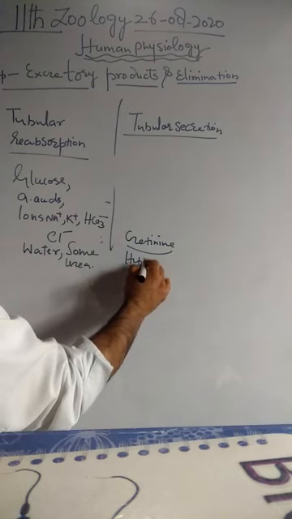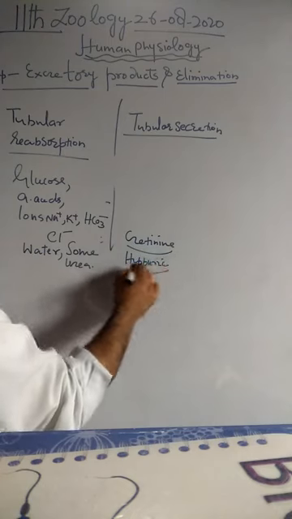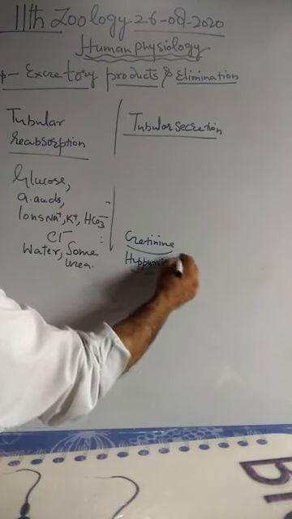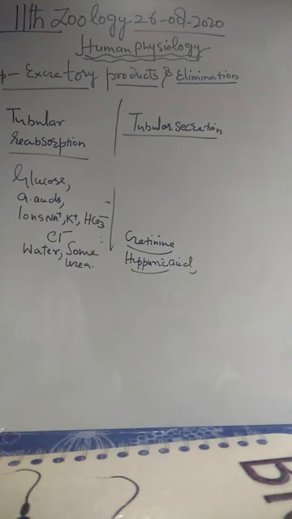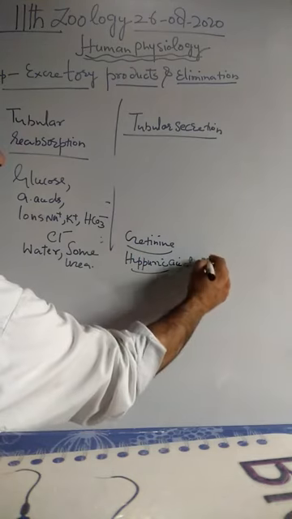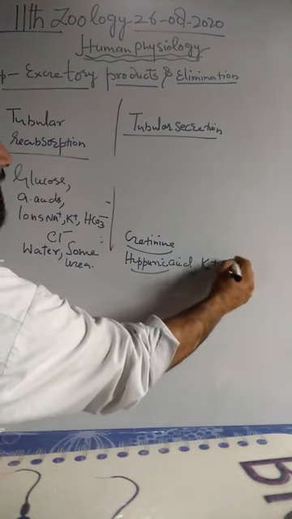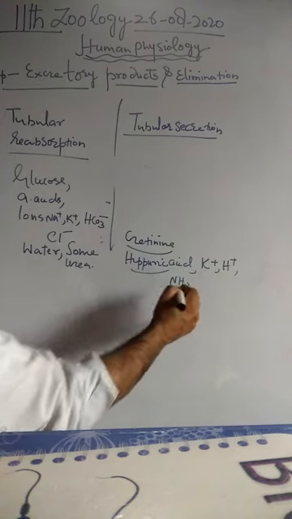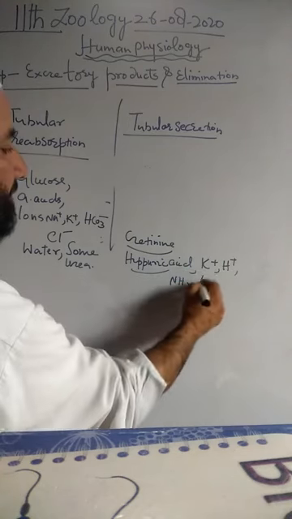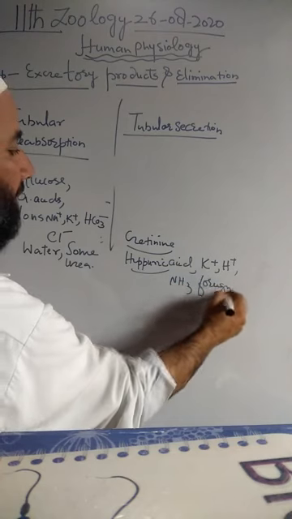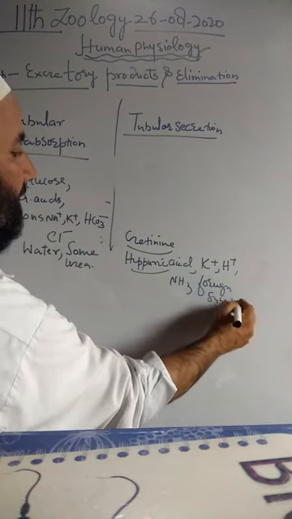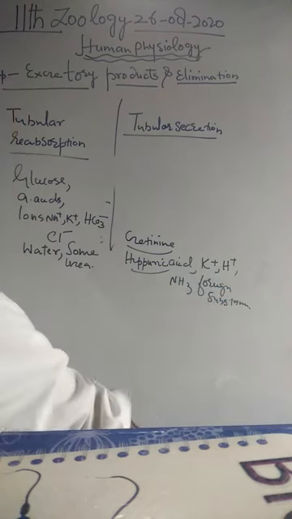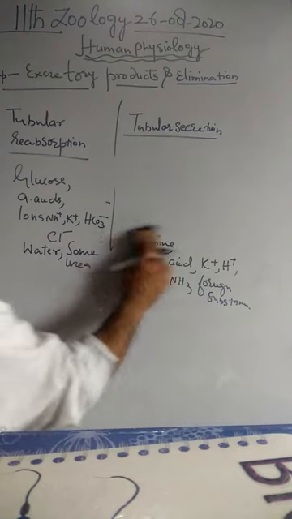Hippuric acid is also an amino acid derivative that is put in the filtrate. It includes potassium ion, hydrogen ion, and ammonia as well as foreign substances. Foreign substances are put from the bloodstream into the filtrate for excretion.